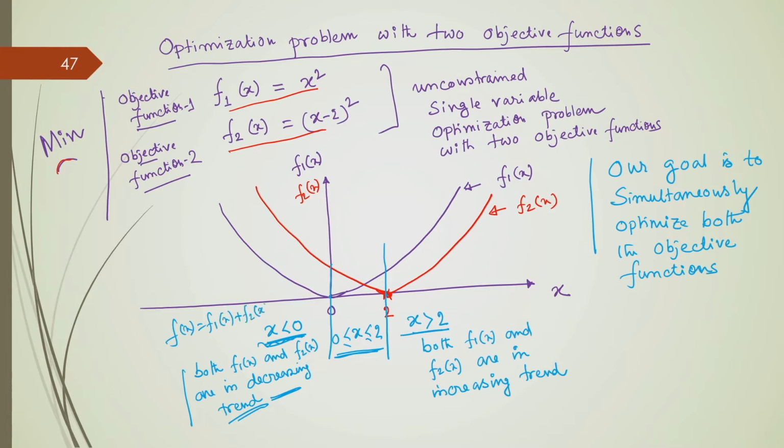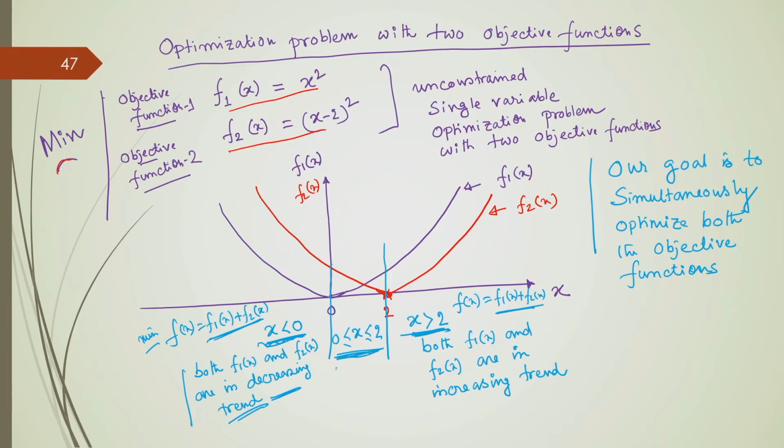That means, if you simply aggregate these two objective functions and minimize that, then whatever solution you are getting will be the solution of that particular problem. Similarly, the same thing is applicable when x is greater than 2. You simply aggregate f(x) equal to f1(x) plus f2(x), and if you optimize that function f(x), then whatever solution you get will be the optimal solution beyond x greater than 2.